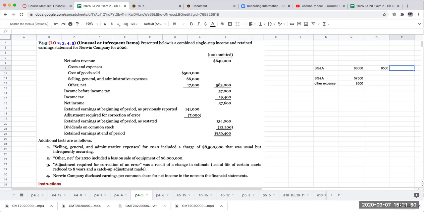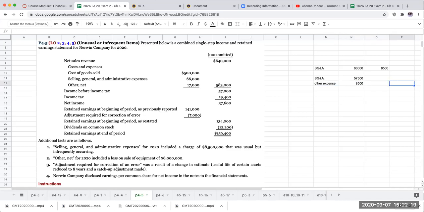Well, one way you could look at it is that 8,500 is 12% of the balance. But at the same time, when I'm looking at our total costs, or as a percentage of total revenue, if I took 8,500 divided by 640,000, or 640 million, it becomes a very small percentage amount.